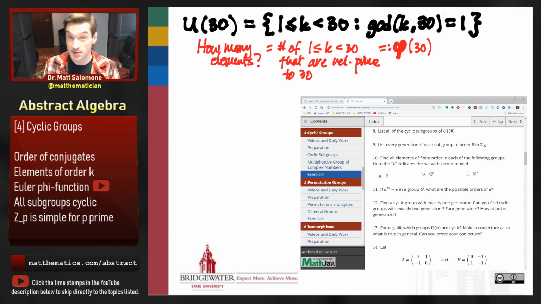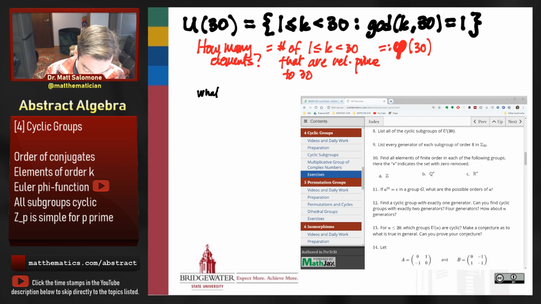So let's use this as an opportunity to just review how to compute the value of an Euler phi function. If I want to know what is phi of 30, what I want to do is two things. I want to make use of the multiplicativity of the Euler phi function.